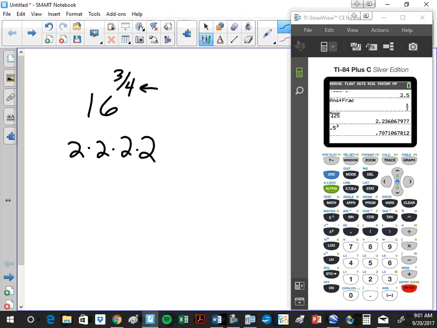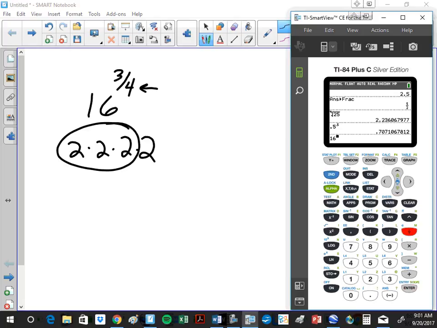Those 2's are part of my 3 of them. So the answer will be 8, and you can double check that on your calculator, 16 raised to the 3/4 should be 8.